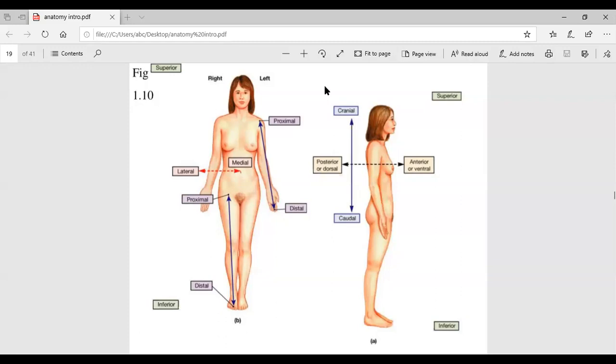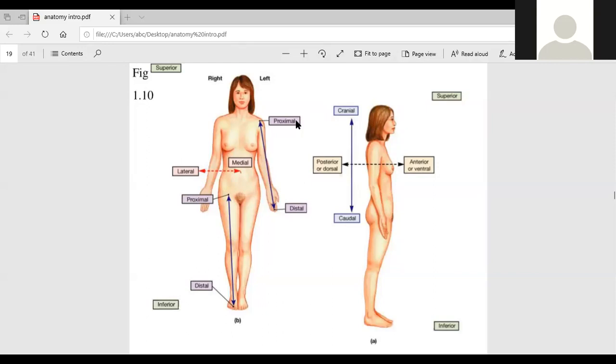For example, if we compare the hand and the legs, what is closer to the brain? Our hands are closer to the brain, right? So we will say hands are cranial as compared to the legs, and legs are caudal as compared to the hands, correct?